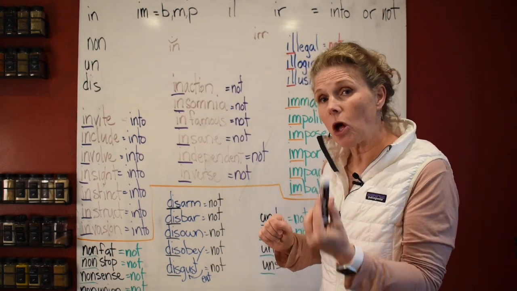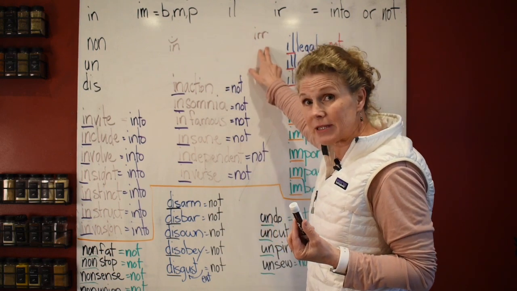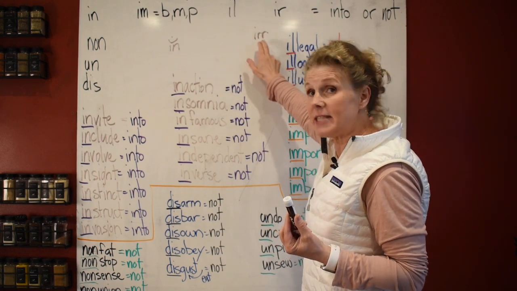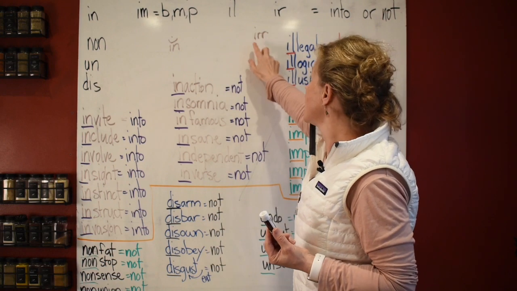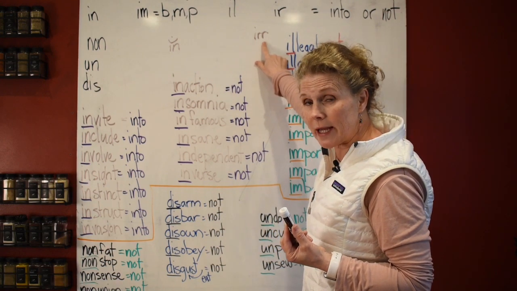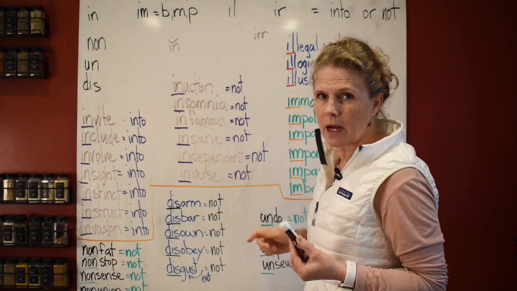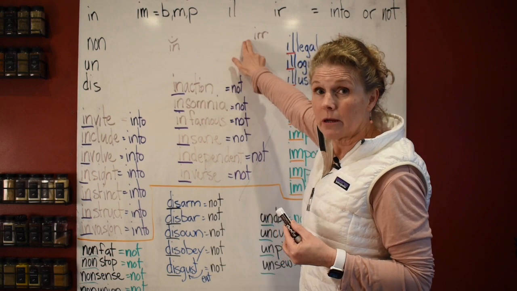When it is a vowel R syllable, it's going to say a completely different sound. So identify this as the beginning of a word, and if it's going to have a second R right here, it's going to say ear.